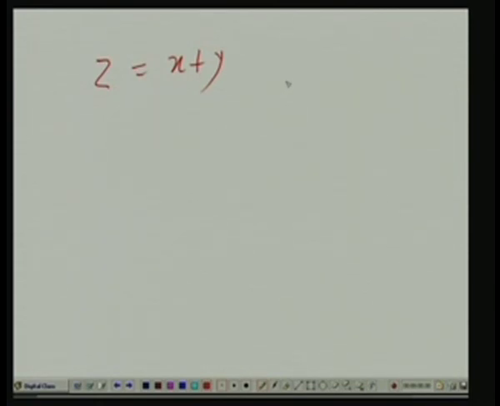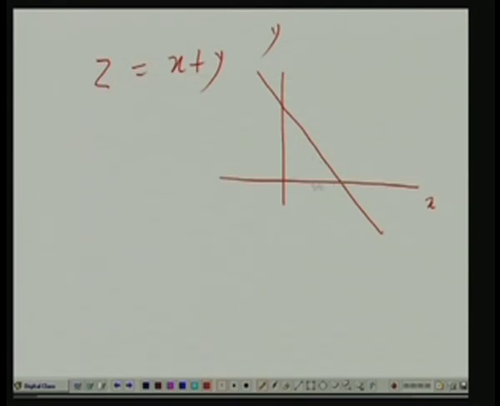What does this mean? This means that z equal to x plus y is actually a line like this. If it is the x axis, and this is the y axis, imagine a third axis vertical from this origin, that is for z. This line is characterized by the equation x plus y equal to some z.